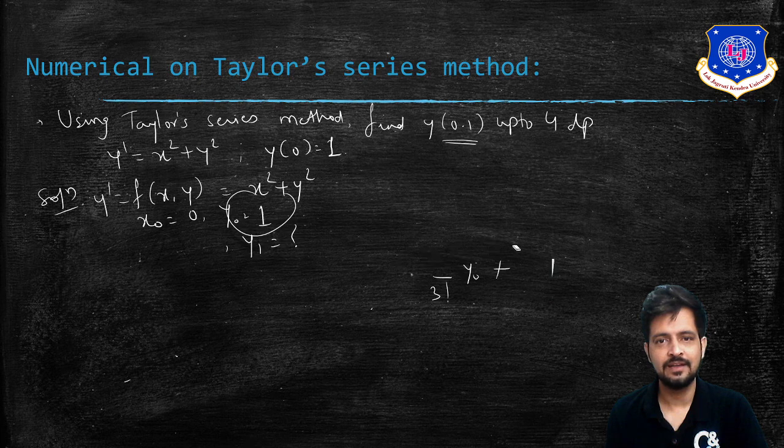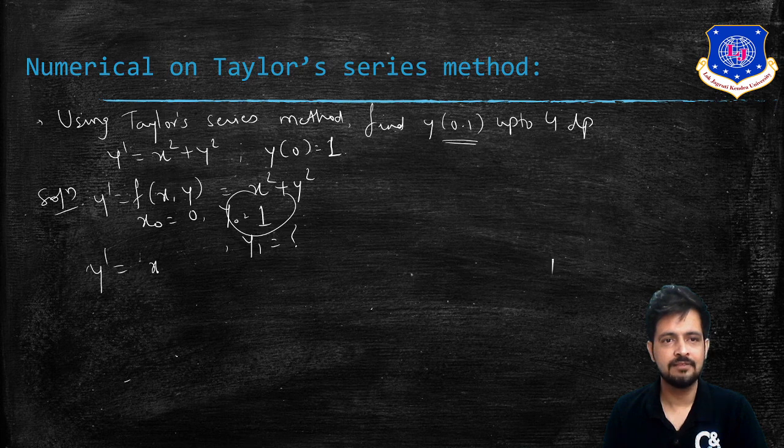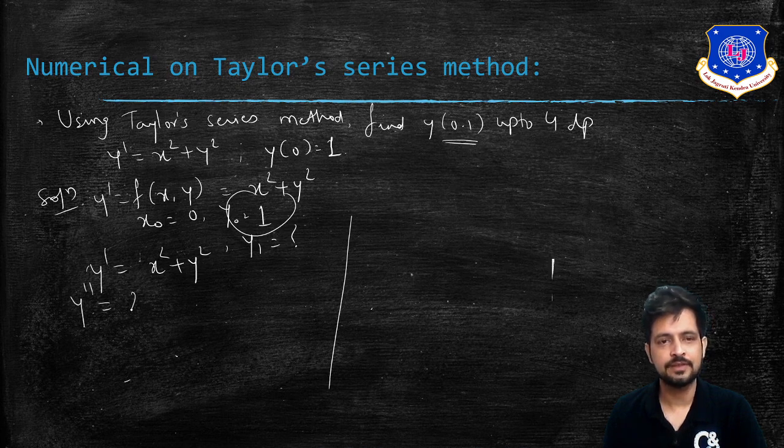Let me find the general derivatives. Y dash is given, x square plus y square. So what will be my y double dash? The derivative of x square is 2x plus derivative of y square, 2y into y dash. Why y dash? Because if you remember the explicit function, y is a function of x, so we have to take y dash here.